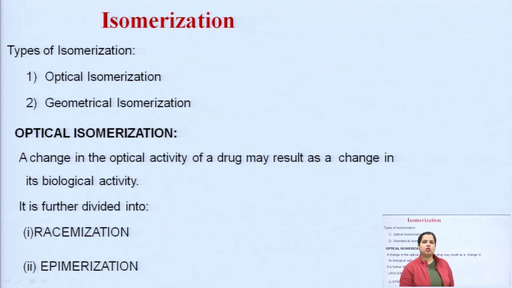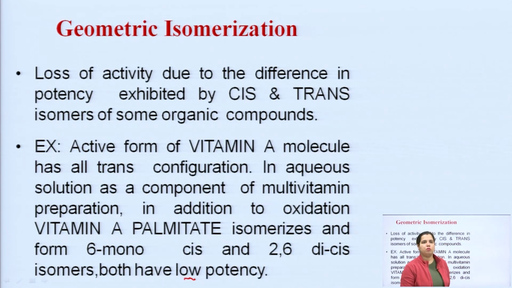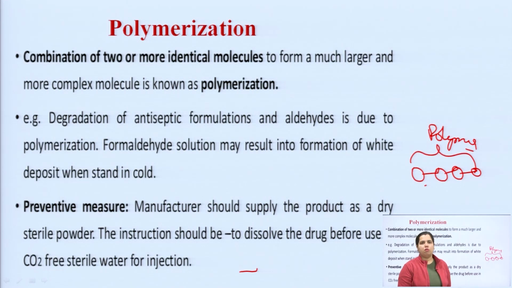Optical isomerization is further divided into racemization and epimerization, and geometrical isomerization refers to conversion of trans to cis form or cis to trans form, giving a less effective drug. Polymerization is when different monomers join in multiple units to form a polymer. Sometimes it may degrade the quality of a drug product.